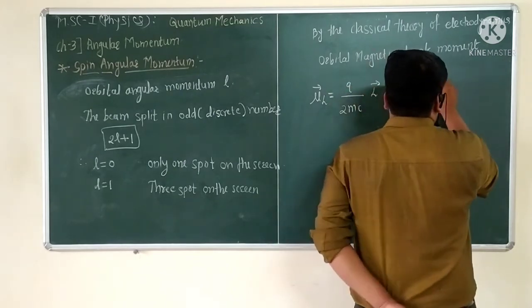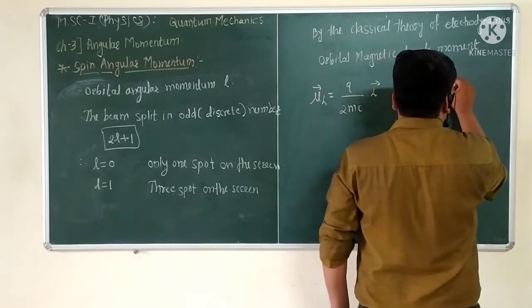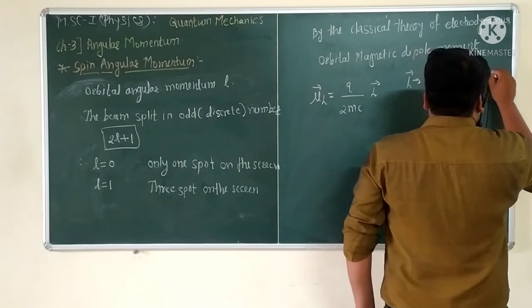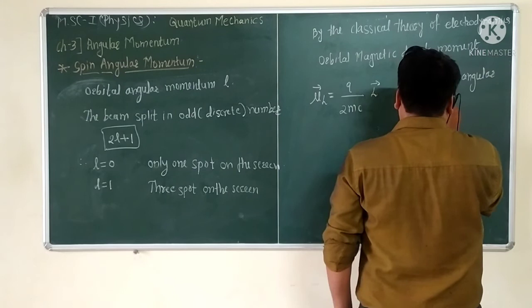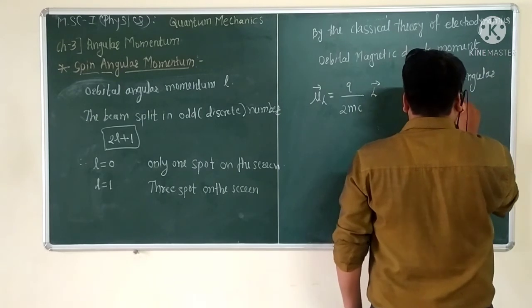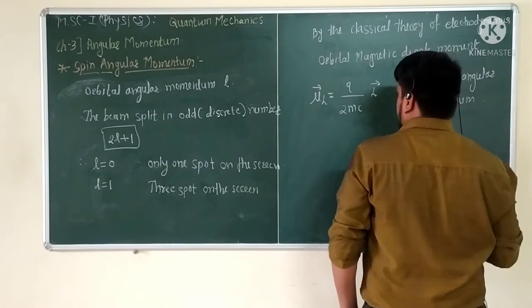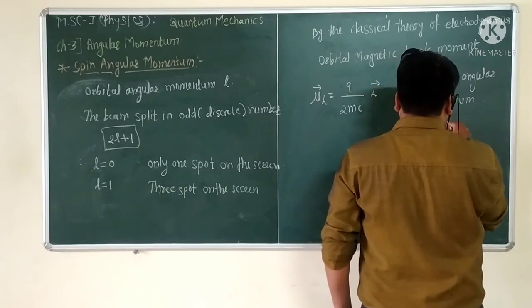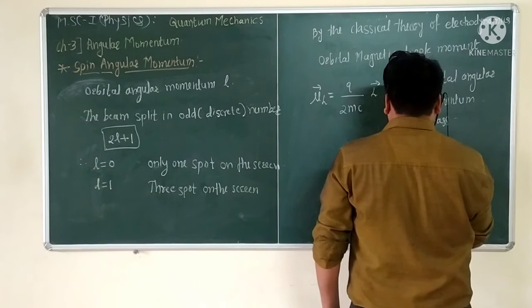Again, m is the mass of this particle, and c is the speed of light.